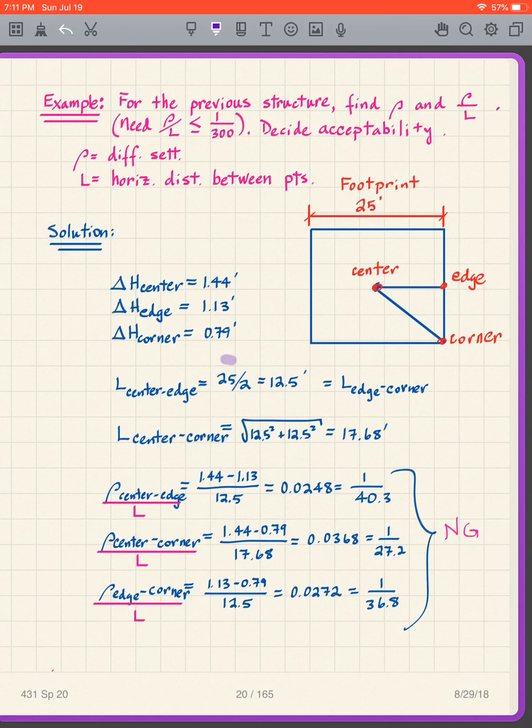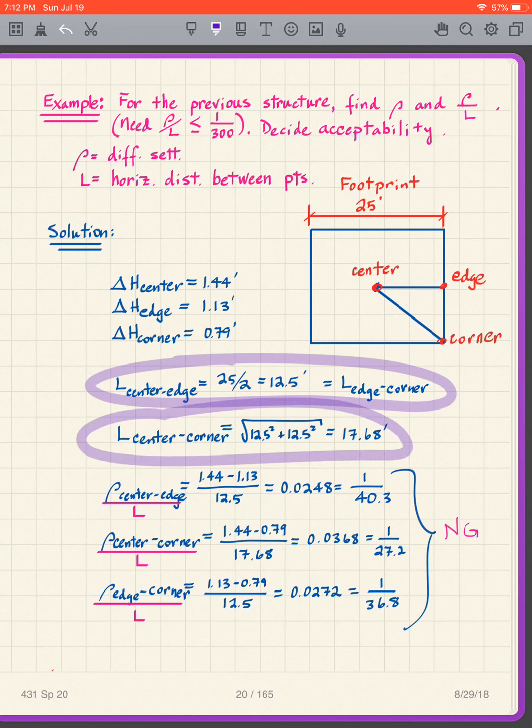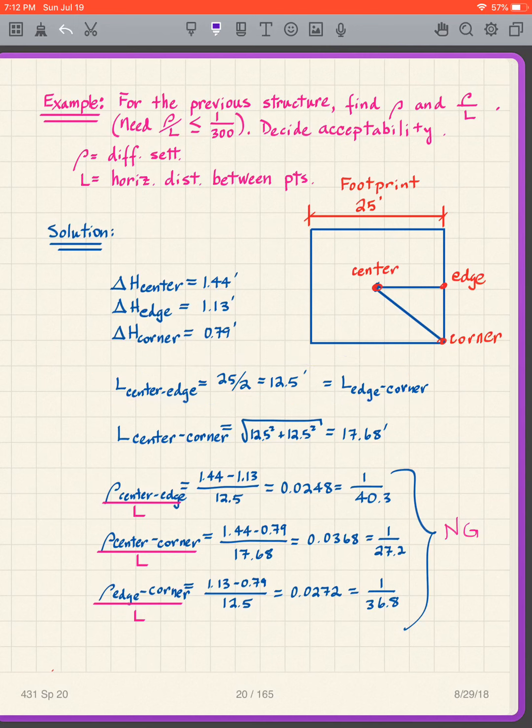So L center to edge is 12.5, and using the Pythagorean theorem, we get 17.68 for the center to corner. So I want to check my rho, center to edge, center to corner, edge to corner.